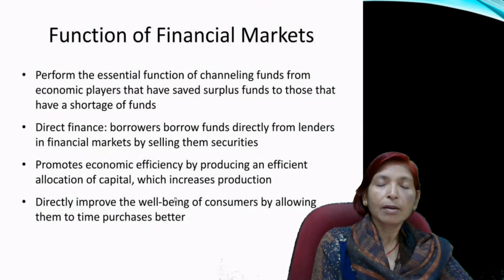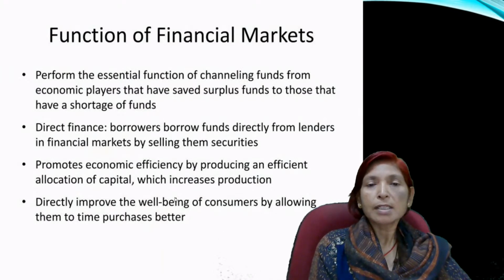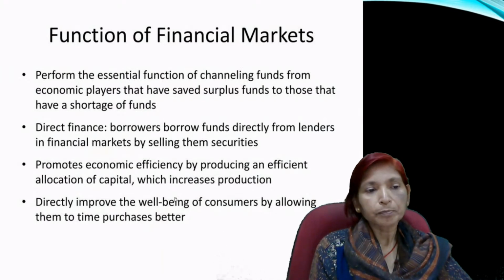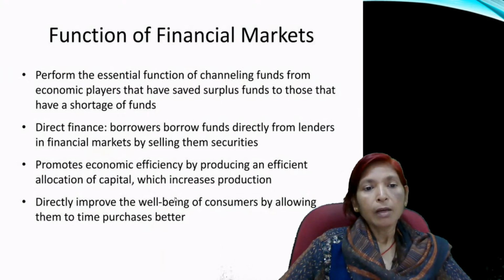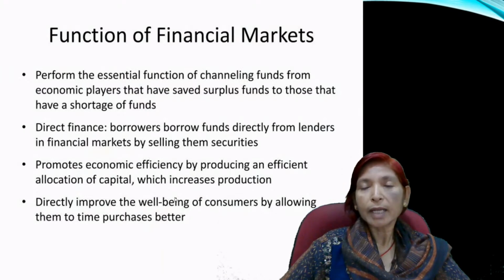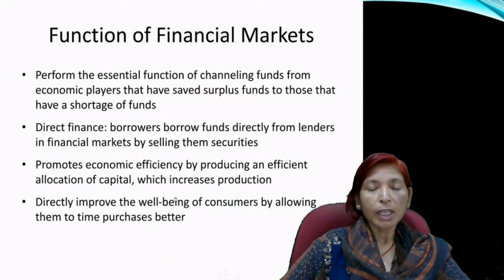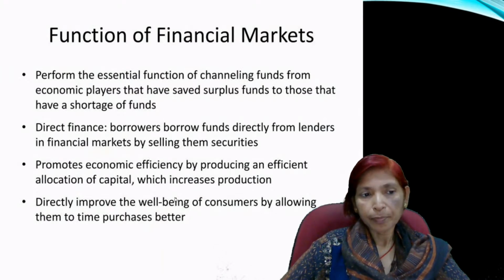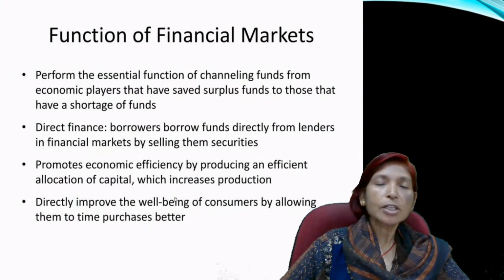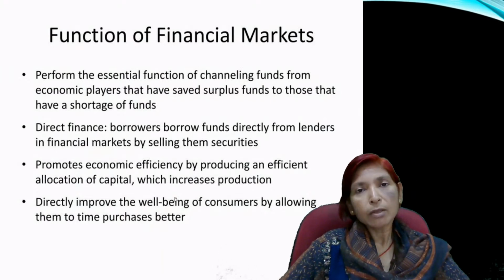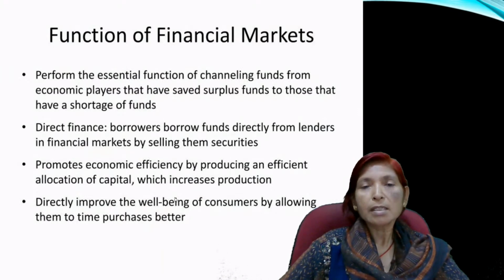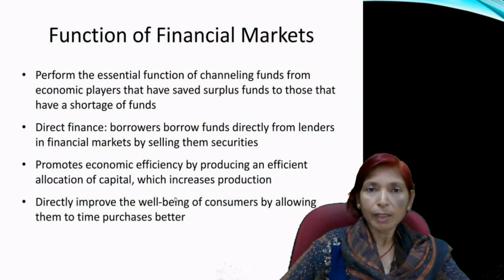In this case, funds can be mobilized and fully utilized. Next, in case of deficit finance, borrowers can borrow funds directly from lenders in the financial market by selling them securities. And the financial market promotes economic efficiency by producing an efficient allocation of capital, which increases production level.